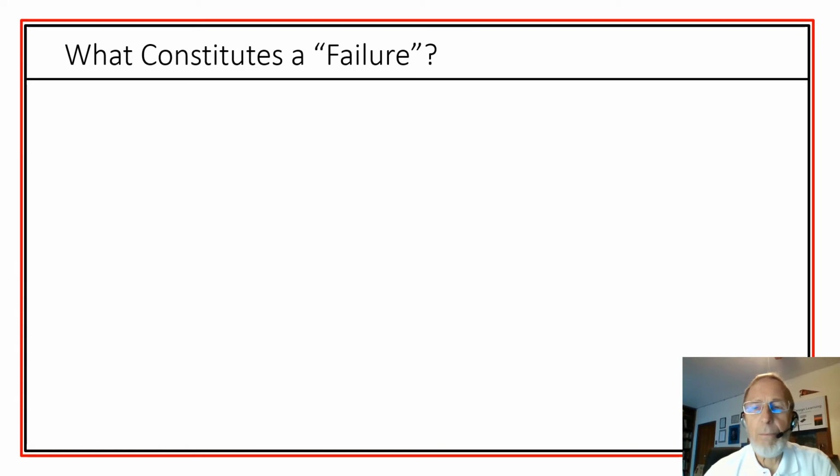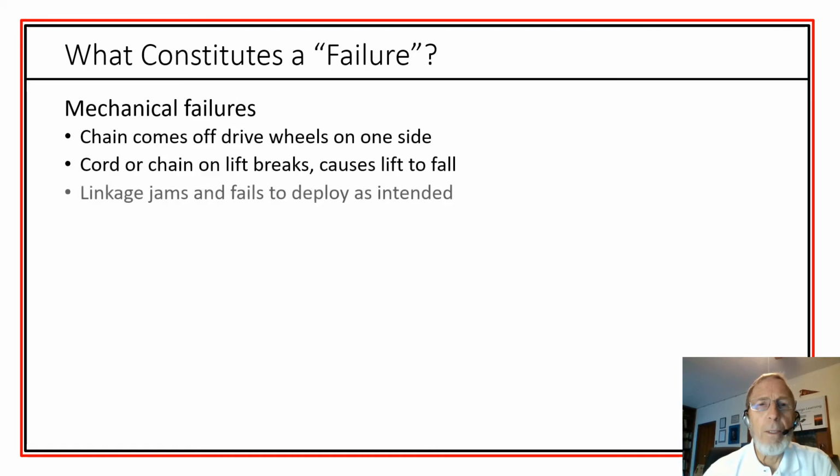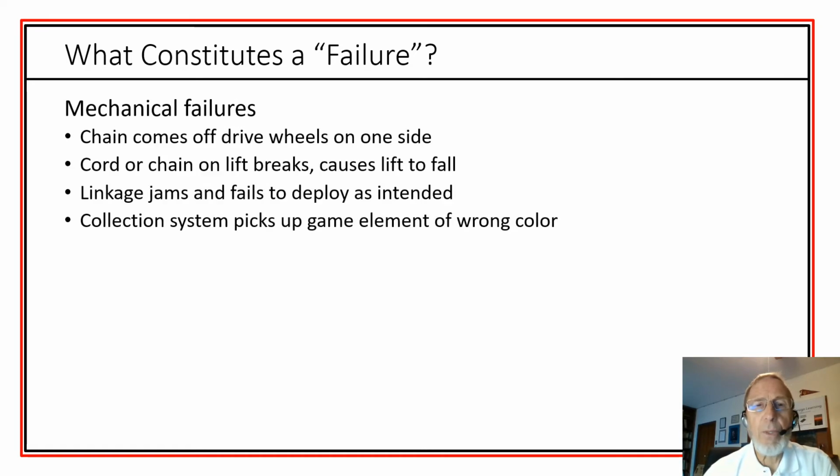So before we proceed, let's talk about a failure. What is a failure? We're talking about, in this case, developing a robot for competition. What is a failure? Many of these failures we think of would be characterized as mechanical failures.